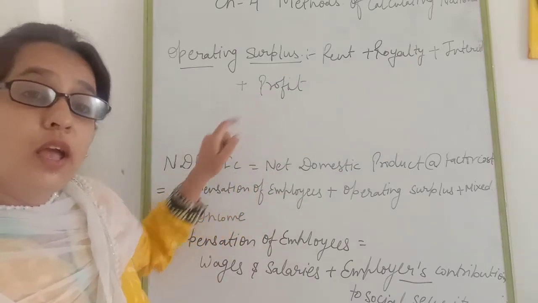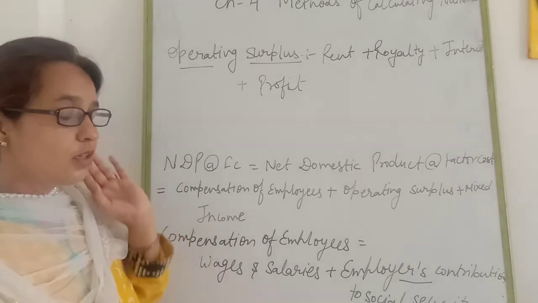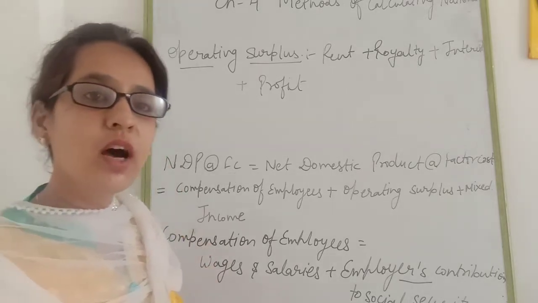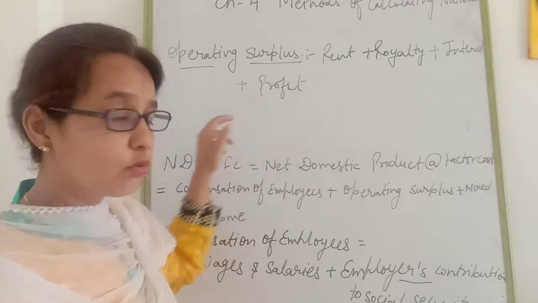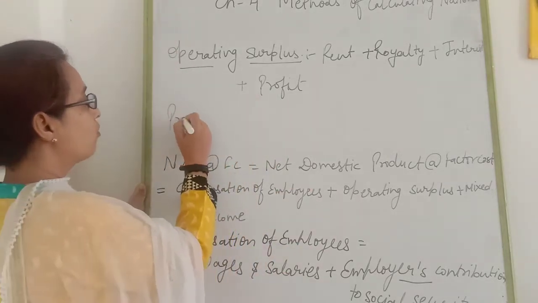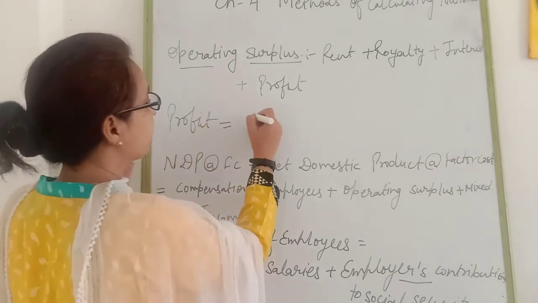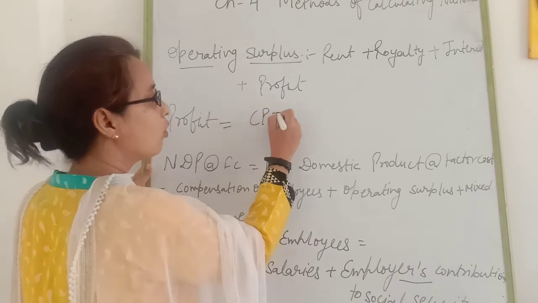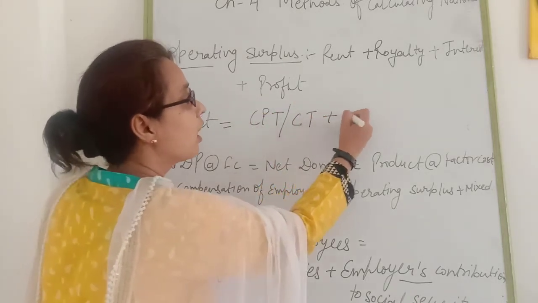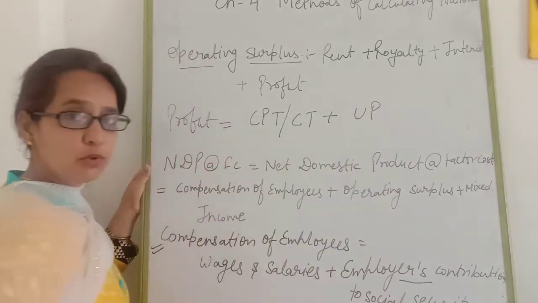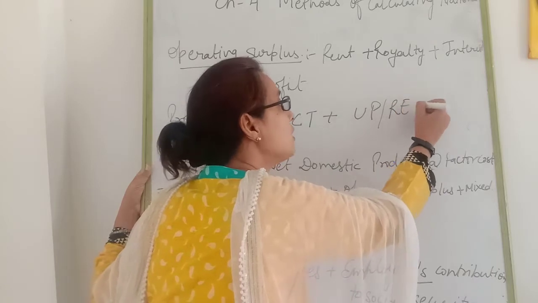Now, if in the question profit is not given, and many times profit is not given, we have to calculate profit also. How to calculate profit? That is CPT, corporate profit tax or corporate tax, plus UP, undistributed profit or retained earnings, plus dividend.